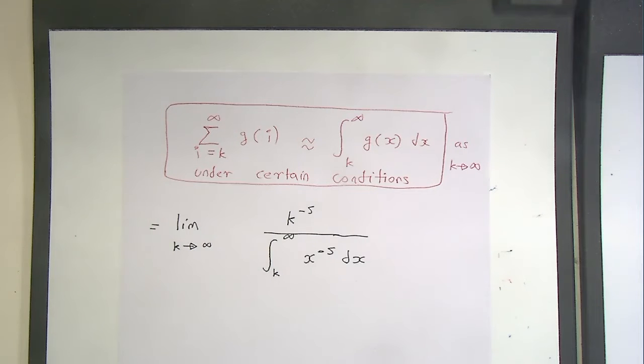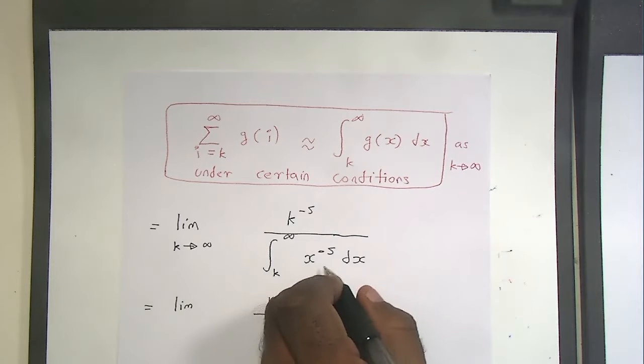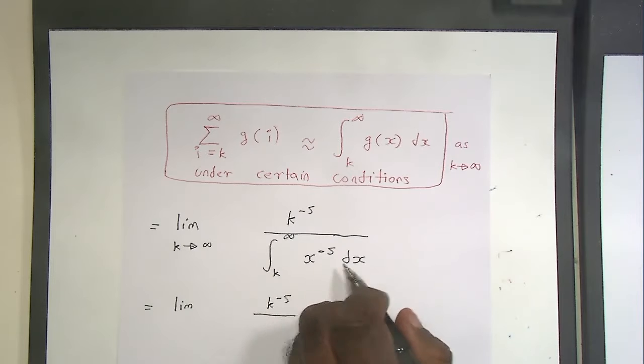See what I've done? I have changed the sum by an integral from k to infinity. So this would be k. Now what's the integral of this? I'm sure all of you know. What's the integral of this?